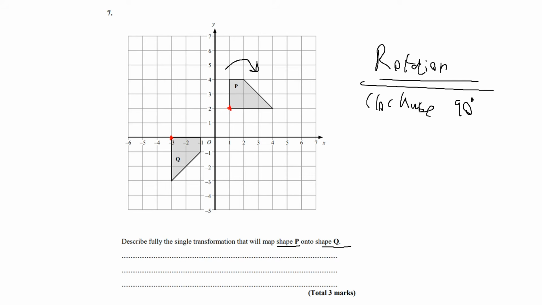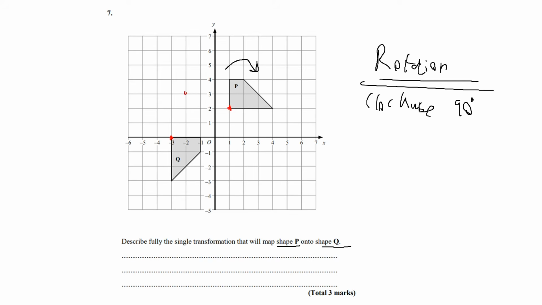Let's try here. Yeah, all right, let's try here. But as you can see, it's clearly unequal, and this is an acute angle. It's not going to be the center of rotation. So let's try somewhere else.